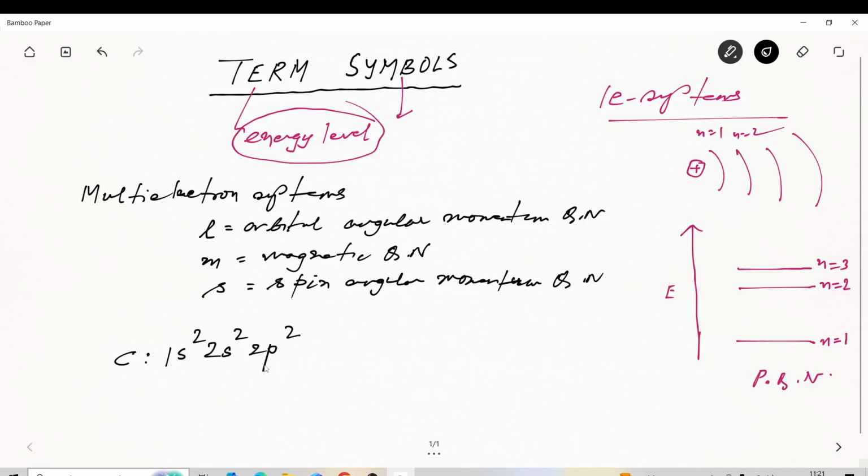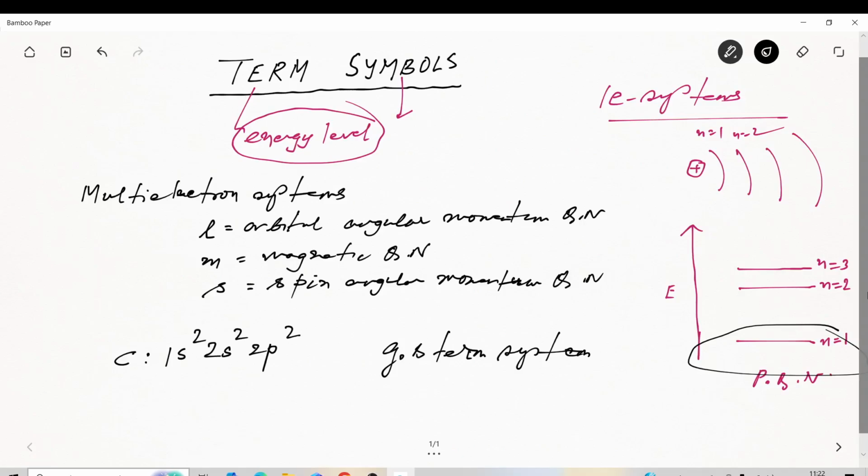Okay, now from the configuration itself, we will be able to represent the ground state term symbol. We are more interested right now in ground state term symbols, that means only the ground state. Okay, determination of the ground state term symbol.